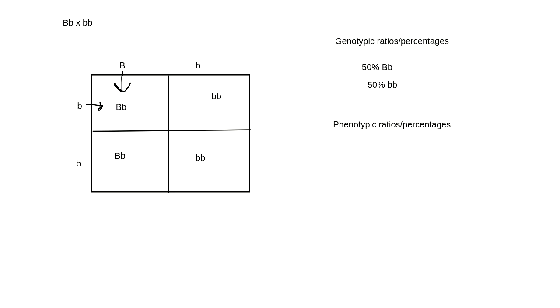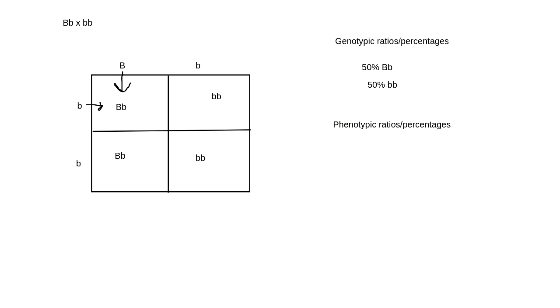And so once we do the genotypic ratios, I usually do those first because they'll help us then determine what the phenotypic ratios are. So remember we said the dominant trait was brown and the recessive trait is tan. In this case, we have 50% brown, which is our big B, little b, and 50% tan, which is our little b.